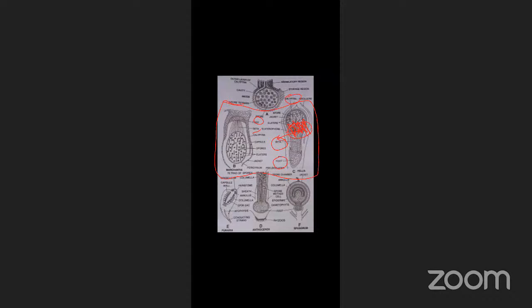Can you draw the life cycle? Yes, sir. I will give you just 1 minute. Please draw the Pellia life cycle and put it in the group. Do it fast.